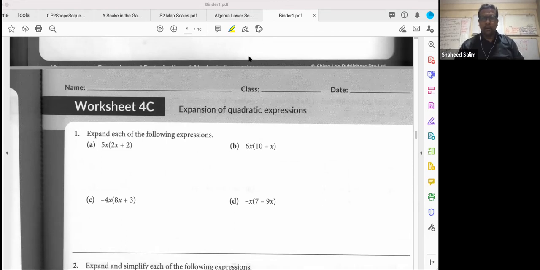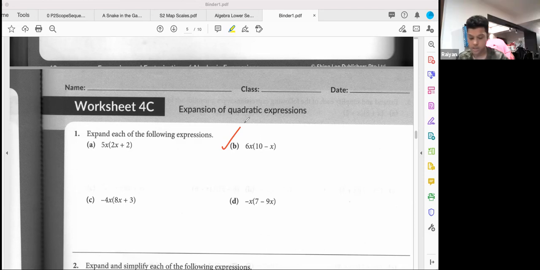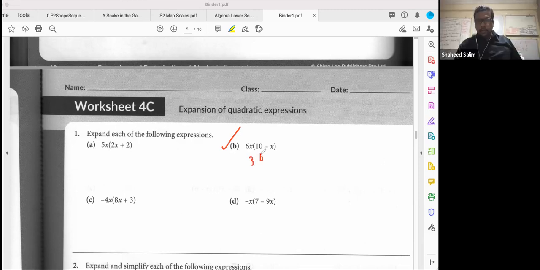Can you try B? Negative 6x. Sorry, 60x minus 6x squared. Yeah. Well done.